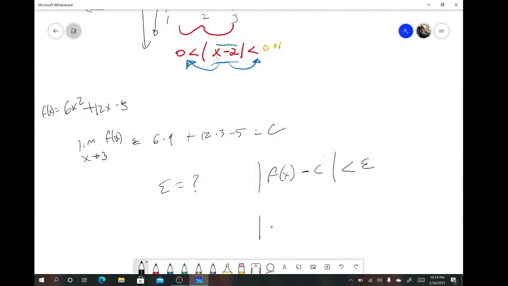And then you need to also find out what this distance, this delta, has to be for this to be the case. So you need to find the delta for the given epsilon. So this is the so-called delta epsilon definition of a limit.